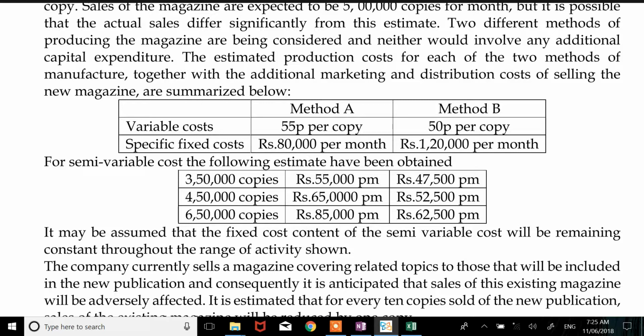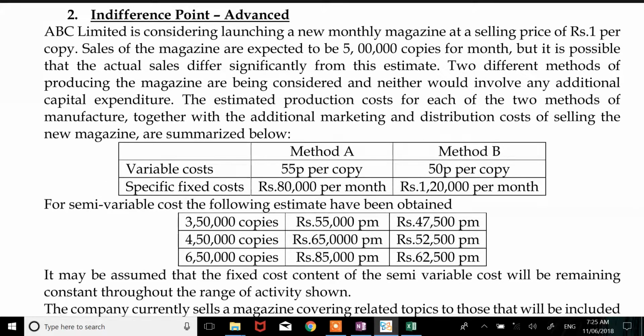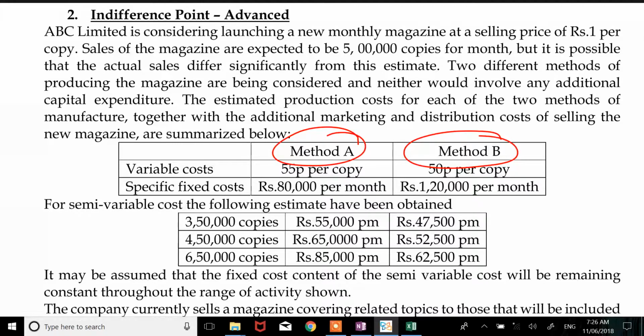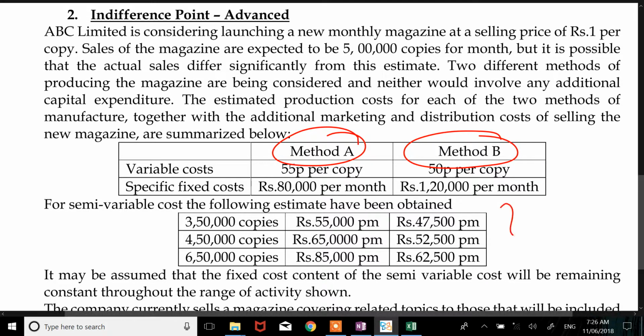Okay. Now coming to this question, they have given details about a new magazine which a company wants to introduce. You can either go with method A or method B. Both of it has its own cost structure. There's a variable cost which is given. There is a semi-variable component which has been given.